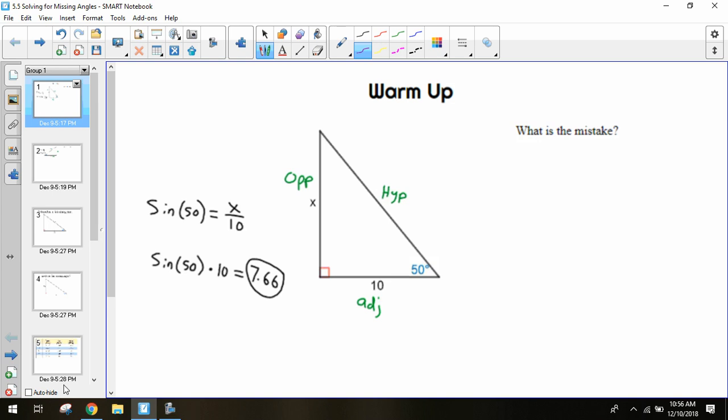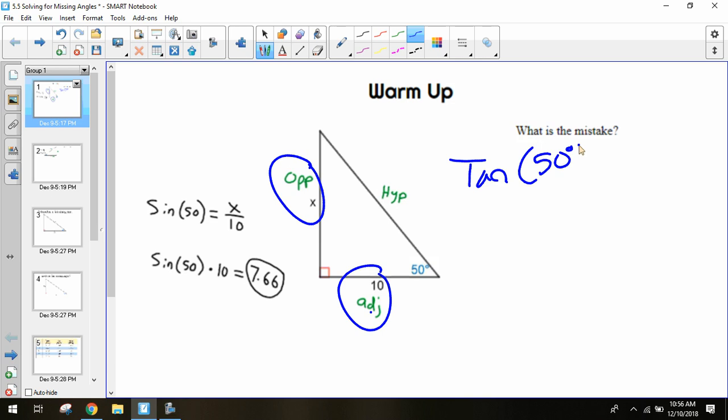They multiply these 2 numbers, and then x would be multiplied by the other, so it doesn't work out. But if we look at the problem, they have opposite and adjacent as their 2 sides. But opposite and adjacent needs to be tangent, not sine. So it should have been the tangent of 50 degrees equals x over 10.